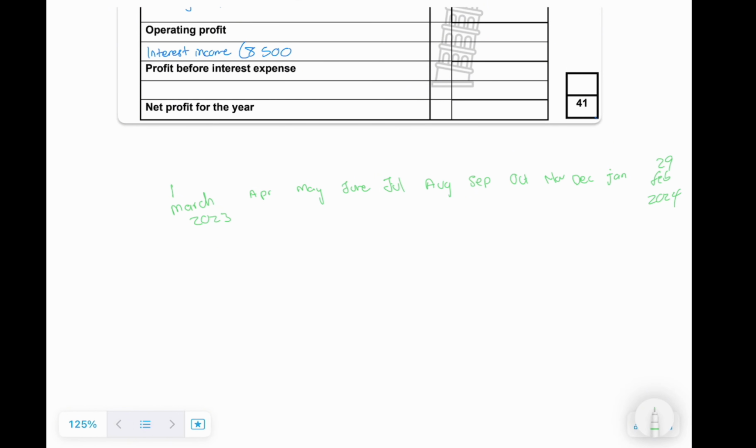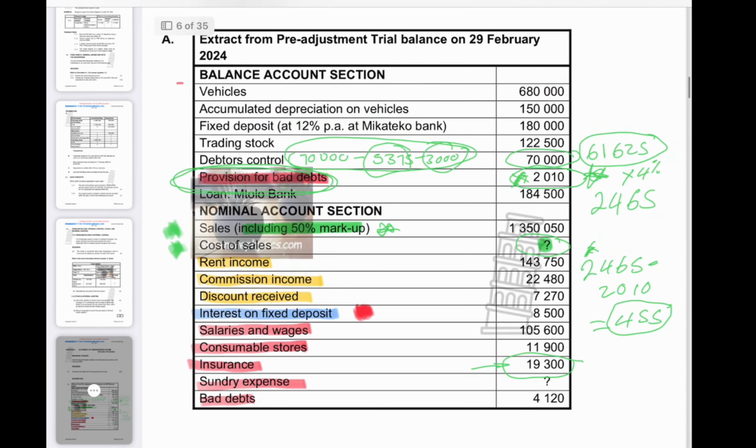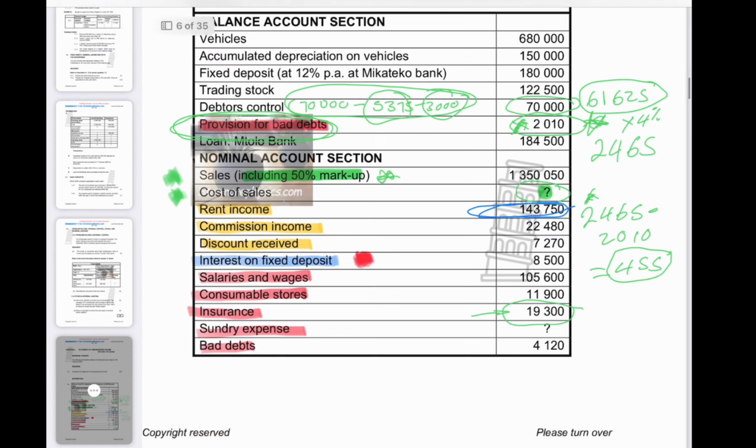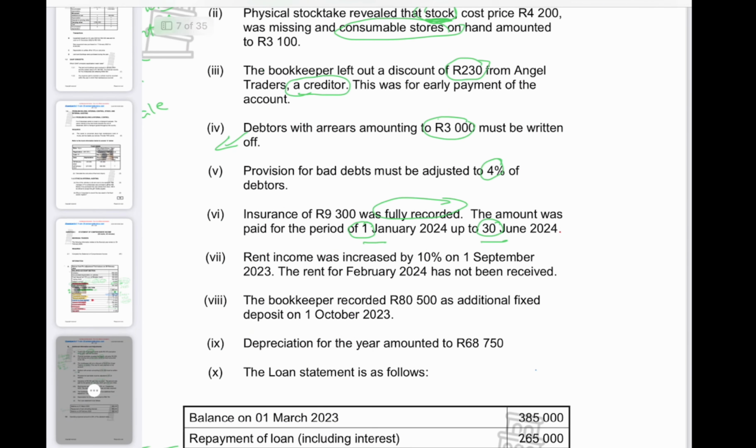So now what you're going to do is go to your trial balance. In your trial balance, you have rent income of 143,750. And in your adjustment, the only thing they gave you was the percentage. So we don't know the amount it increased by, the amount after the increase, and the amount before the increase. We have to find that out.